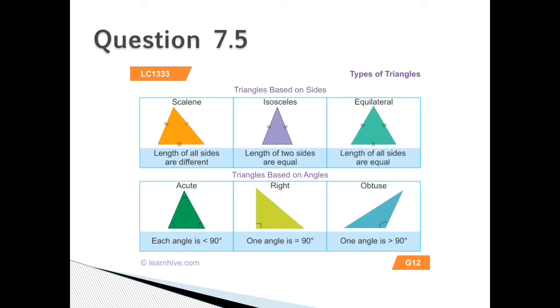Triangles based on angles: an acute triangle has angles that are all less than 90 degrees; a right-angled triangle has one angle of 90 degrees; an obtuse triangle has one angle greater than 90 degrees.